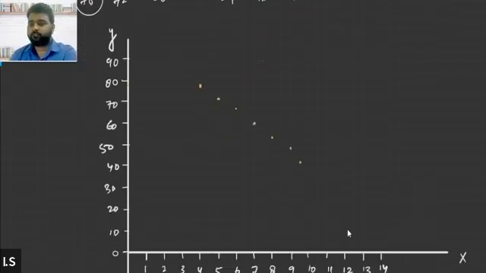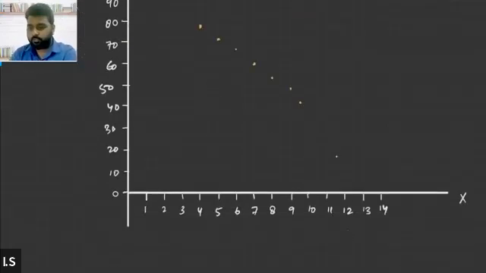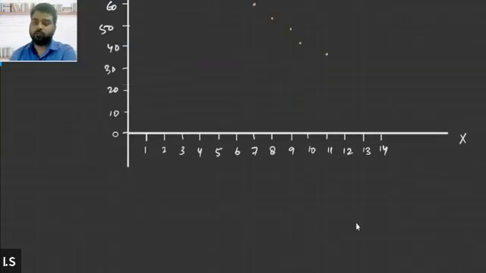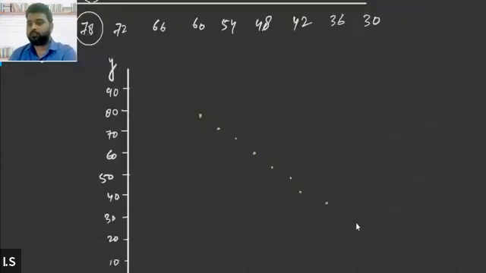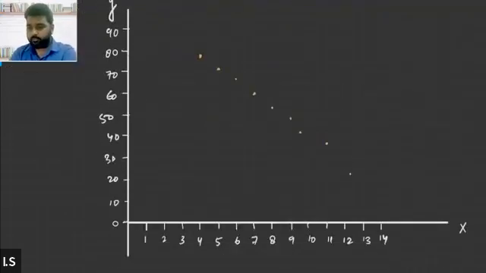Then we have 11 and 36. Okay. Then 12 and 30 will be here.